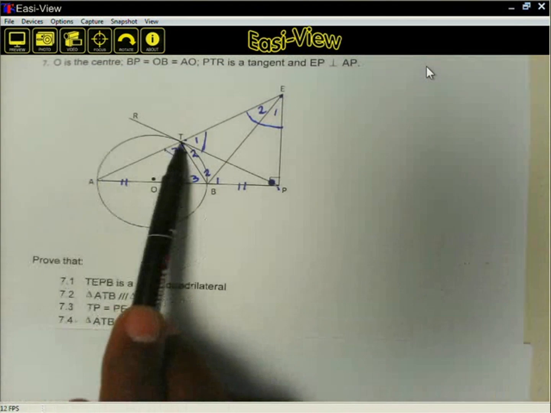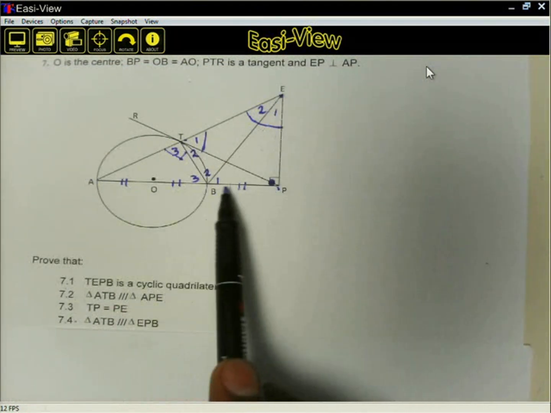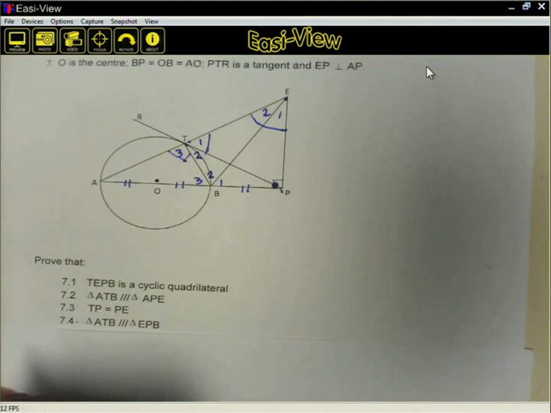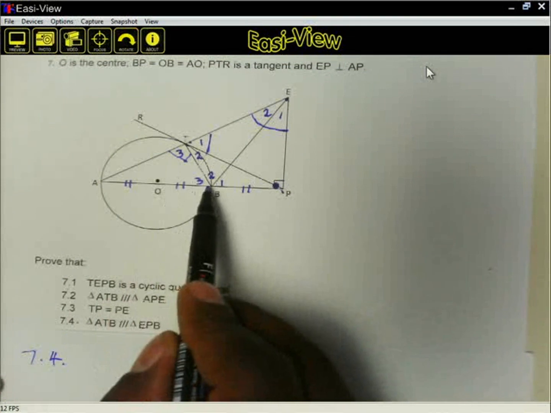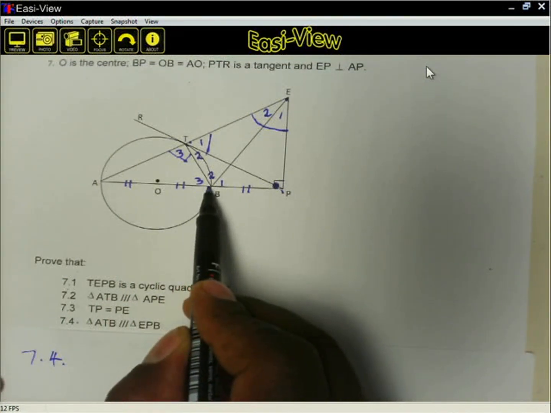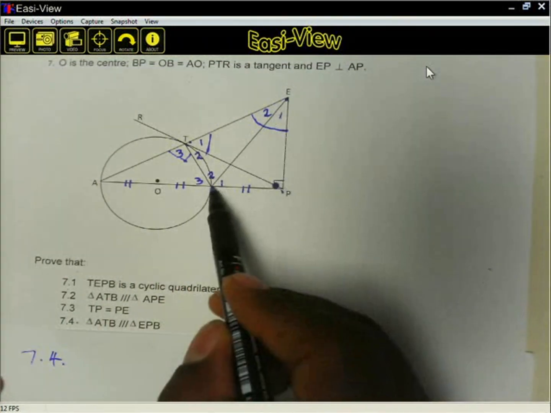Check triangle ATB, check triangle EPB. Then we are now at 7.4. What is common about the two triangles? Triangle ATB and triangle EPB.